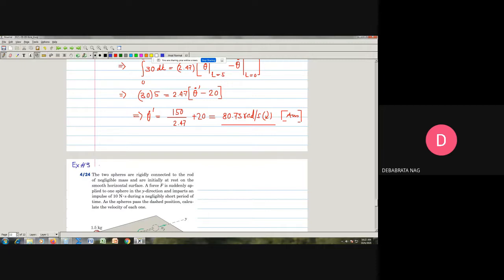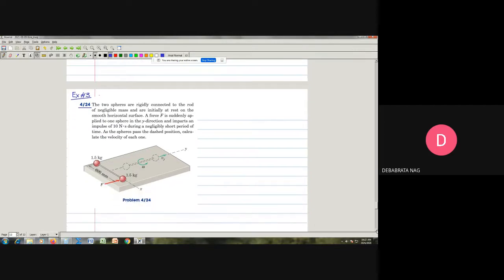This is example 3 and the problem number is 4/24 from the book of Meriam and Kraige. What we see here is that we are given a system with n equal to 2. That means we have only 2 masses in our consideration, and as seen from the figure, it is a rigid system.